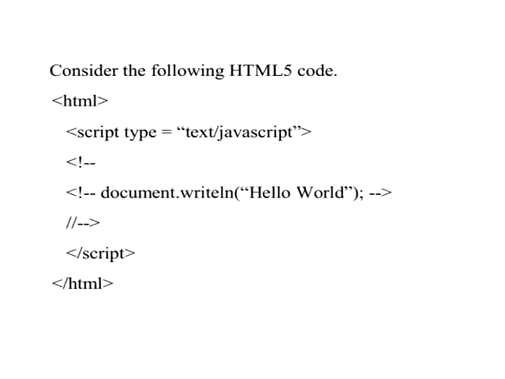Right. Consider this following code. HTML, script type of JavaScript, document dot write line, hello world. Okay? If you have this code, what is the output? What will be the output on the screen? Anyone can type the output?